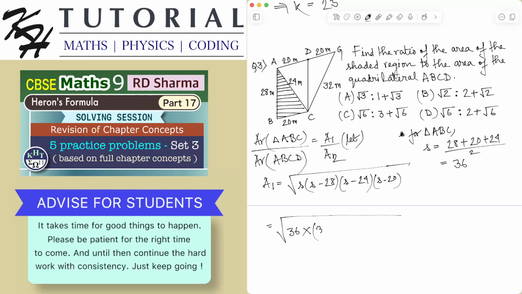So this is 36 multiplied by 36 minus 28 which is 8, 36 minus 24 which is 12, 36 minus 20 which is 16.